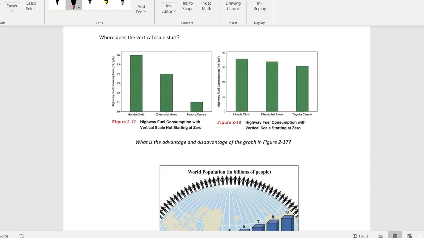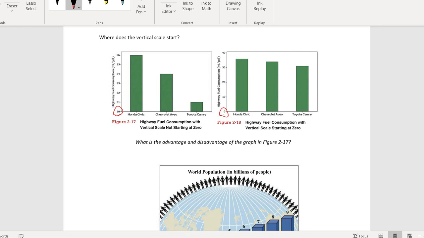As well, we have to keep an eye on vertical scales and where they start. So here, this one starts at 30, this one starts at 0, and they look very different. The one on the left shows a lot more extremes, whereas the one on the right shows that each of these vehicles actually gets a more similar gas mileage than you might think.